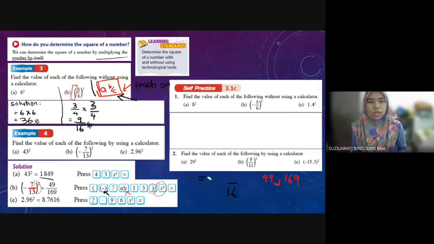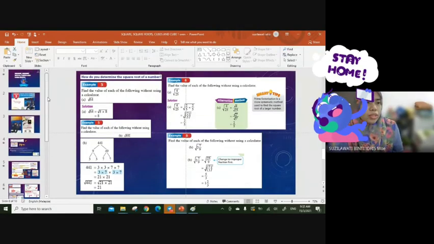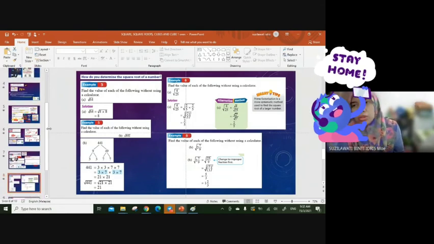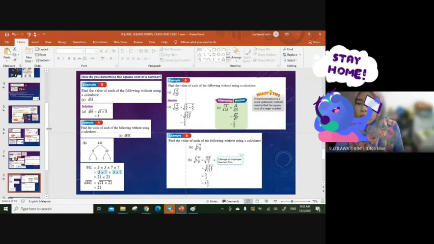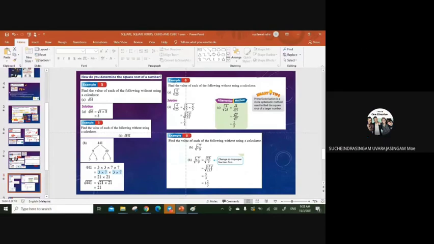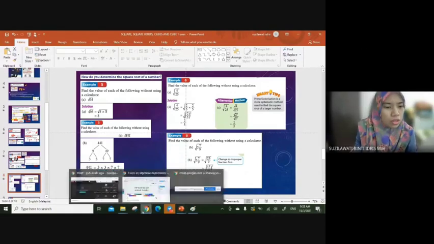So, buat yang ni untuk hari ni. Boleh? Usual Mathematics 3 untuk PKP. Nanti after when you come to school, I want to collect your Mathematics 3 book. Okay? So, that's all for our lesson today.